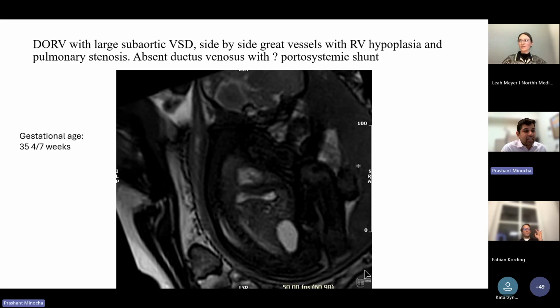This fetal MRI was performed at a gestational age of 35 weeks, 4 days. And here just showing the dilated left ventricle, smaller right ventricle.